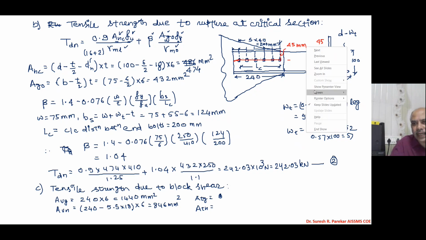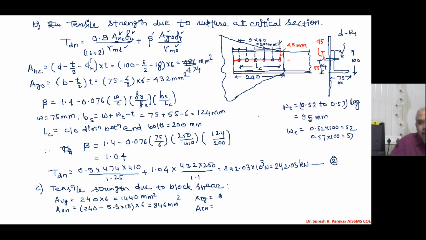So we will have ATG as 45 into 6, and we will get this value that is 270.